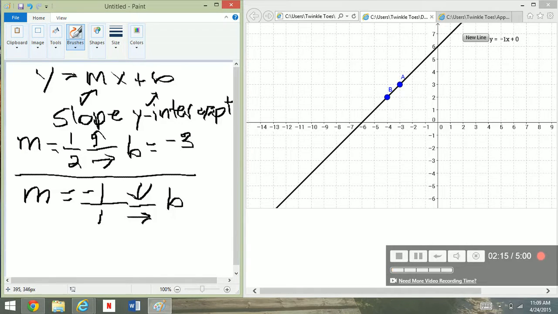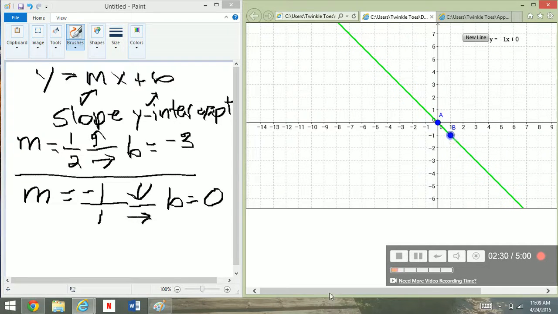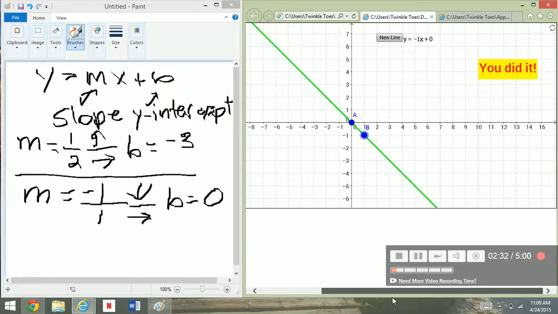My y-intercept is 0. So I'm going to graph the y-intercept first. So my first point will be at 0 on the graph. I'm going to go down 1 and to the right 1. And I graph the equation for y equals -1x plus 0.